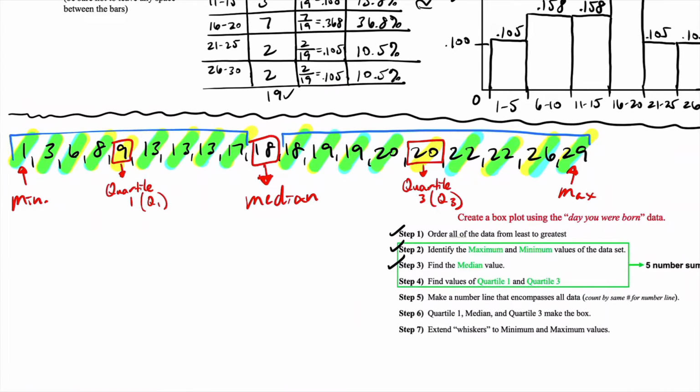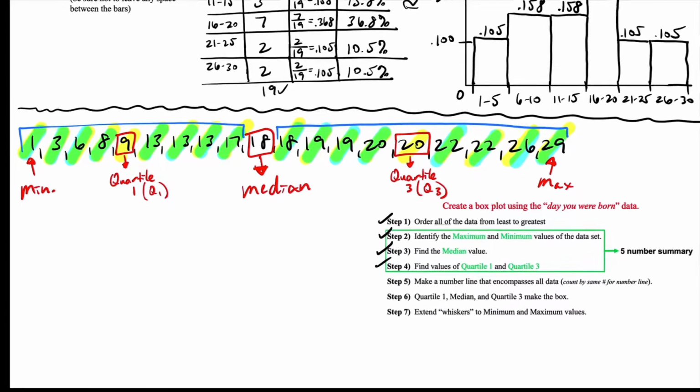So now I found 5 numbers: the minimum, the maximum, the median, quartile 1, and quartile 3. All of those together are what we call the 5-number summary. That's 5 numbers. Okay, so check there.